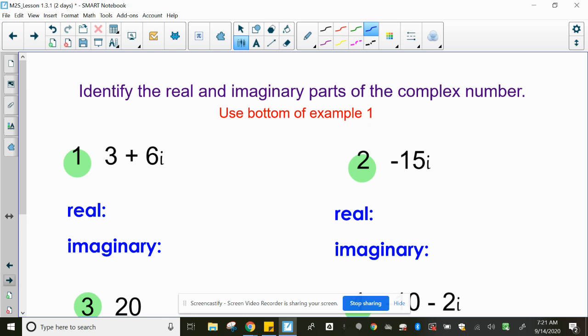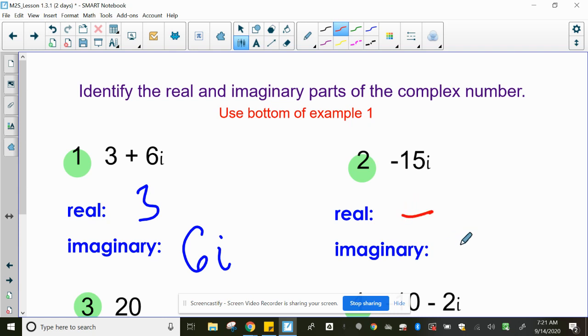Some quick ones. You could write these down. You don't need to write all the extra stuff. If we have 3 plus 6i, the real component would be the 3. The imaginary component, 6i. Not always so simple. If our expression was just -15i, the real component, there isn't one.